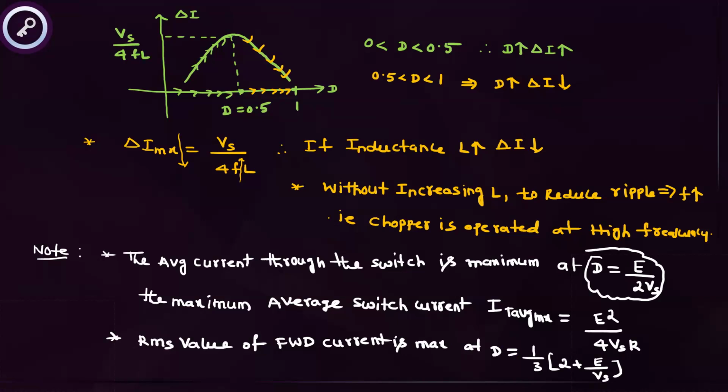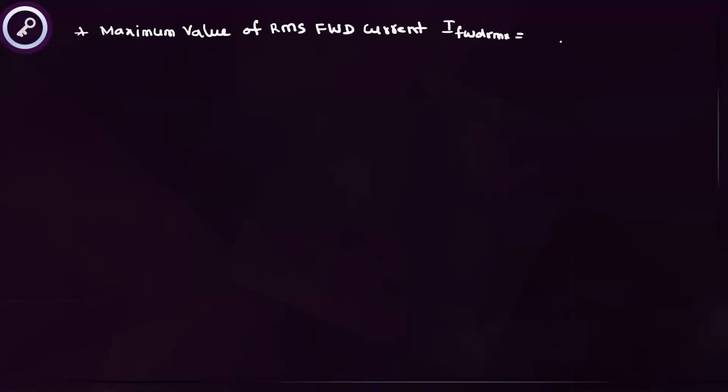Then what is the maximum value of RMS freewheeling diode current? By derivation we can get it: IFWD RMS max is equal to 0.3849, which is important from the GATE point of view, into Vs by R into (1 minus E by Vs) whole to the power of 3 by 2.